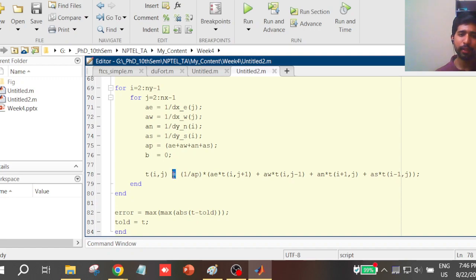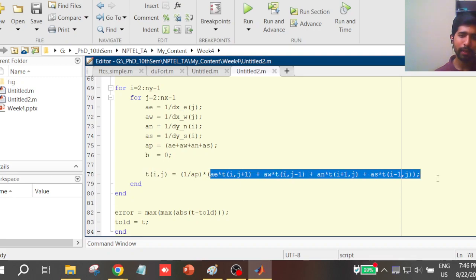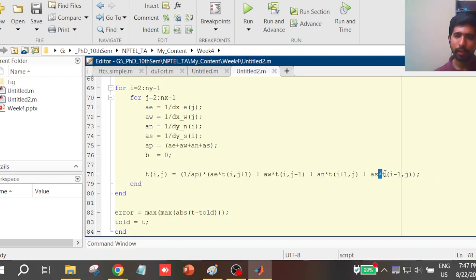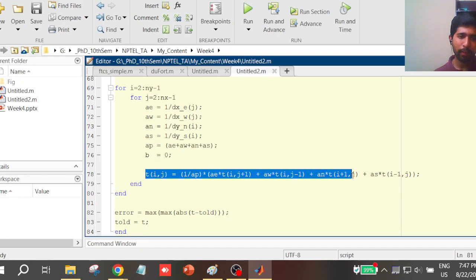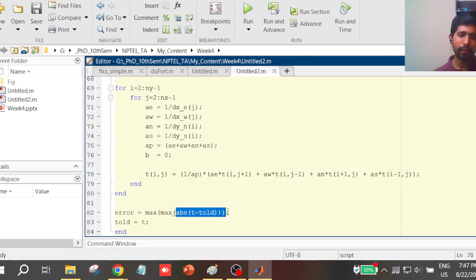In technical terms it is called Gauss-Seidel, but what it does is that it just calculates the temperature values using the known temperature values at the previous iteration. This T, whatever is there at the current iteration, it uses those values and calculates the temperature. And once it has calculated the temperature, it checks the difference with the old iteration, T minus T old.